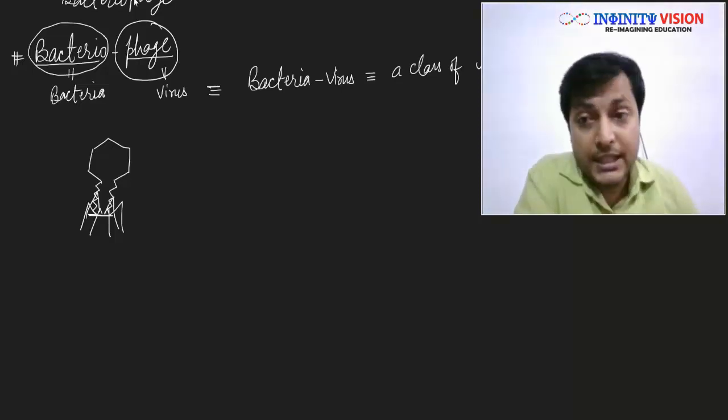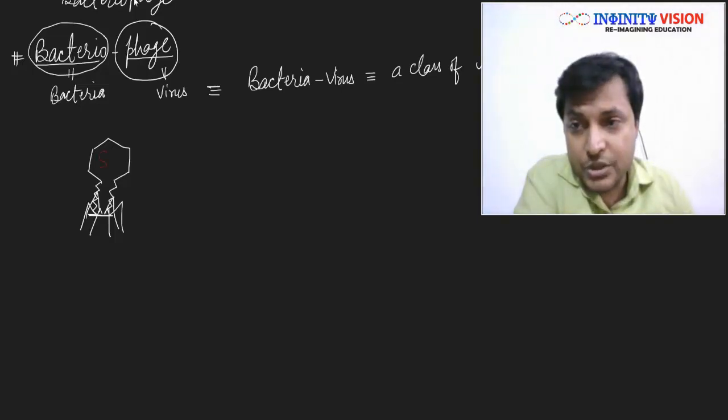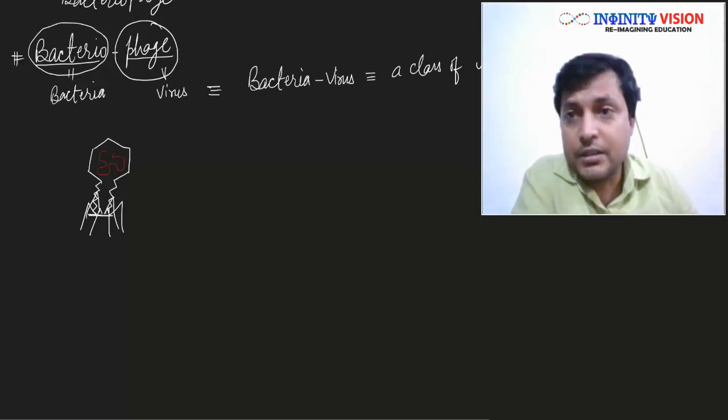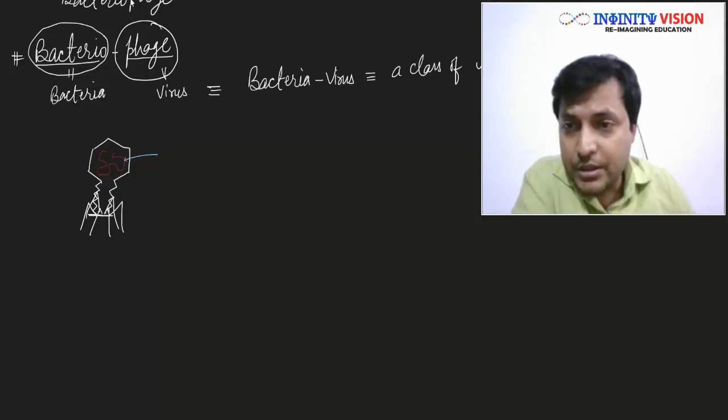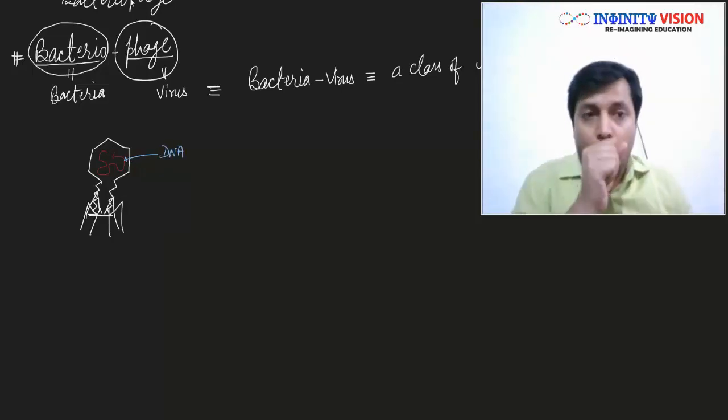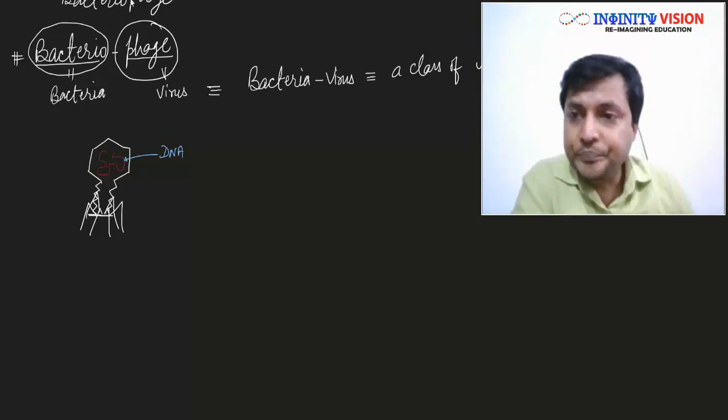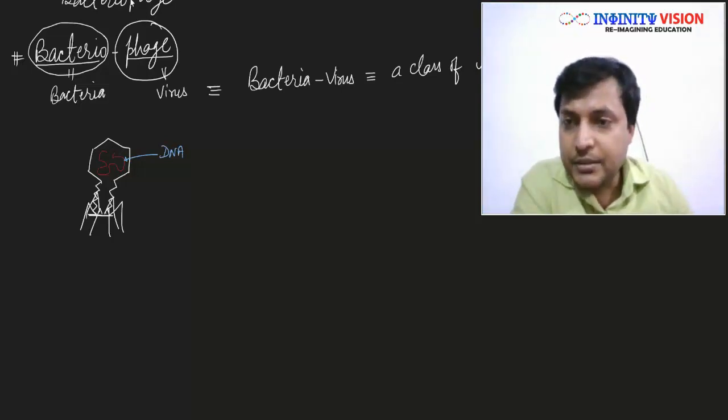Now inside the capsid there is genetic material, which I have drawn here. In the case of bacteriophage, usually this genetic material is DNA, and as I said, this outer layer is the capsid.